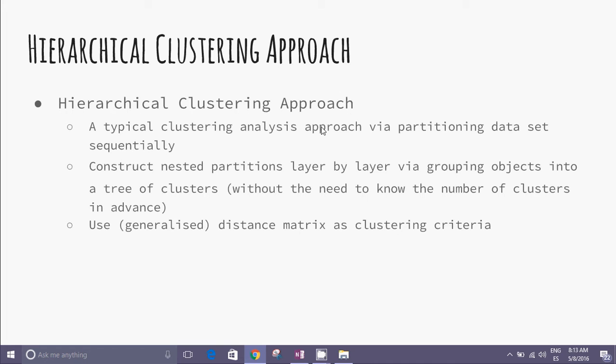We don't need to know the number of clusters in advance. The basic information is the distance matrix as clustering criteria.